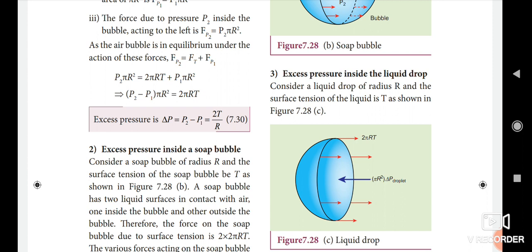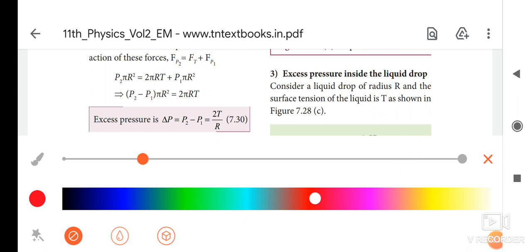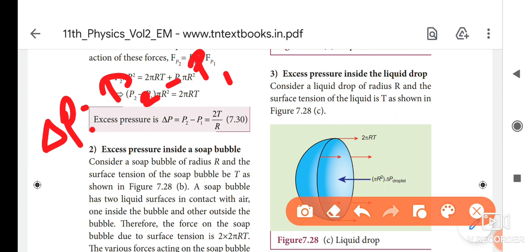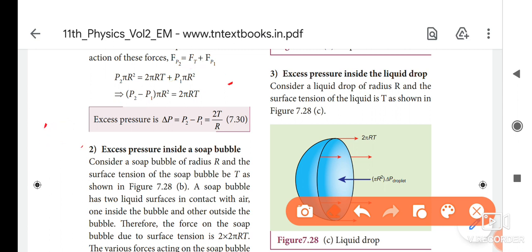So the excess pressure is del P, which is equal to P2 minus P1. This is the excess pressure. Here P2 minus P1 times pi r squared is equal to 2 pi rT.